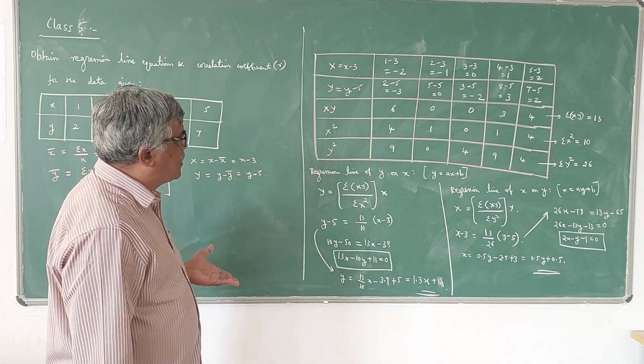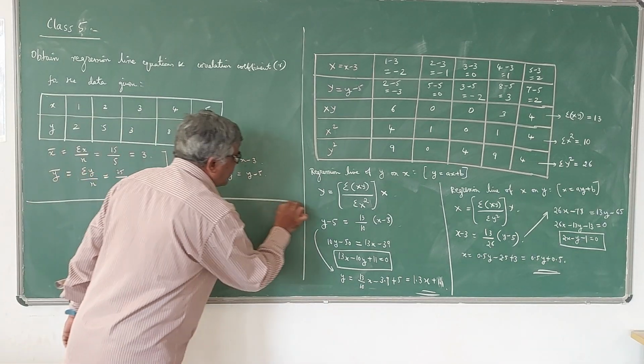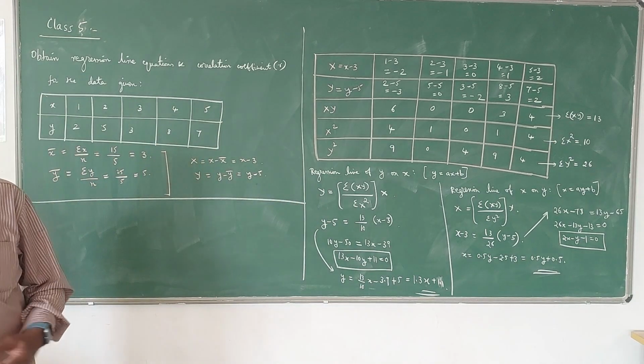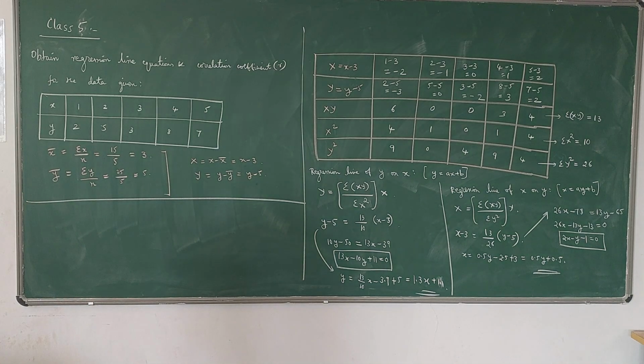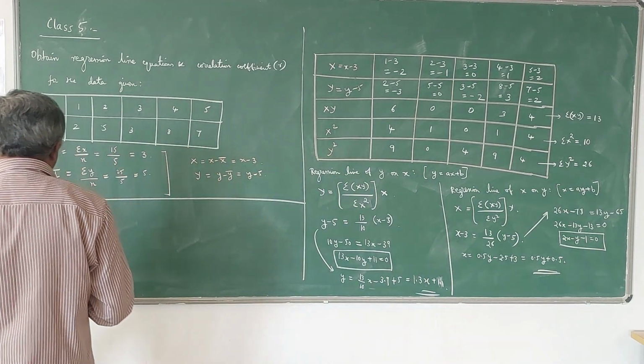Now we have been asked for the correlation coefficient also. For the correlation coefficient we can use the formula which we have used earlier. So r is equal to sigma xy by root of sigma x square into root of sigma y square.